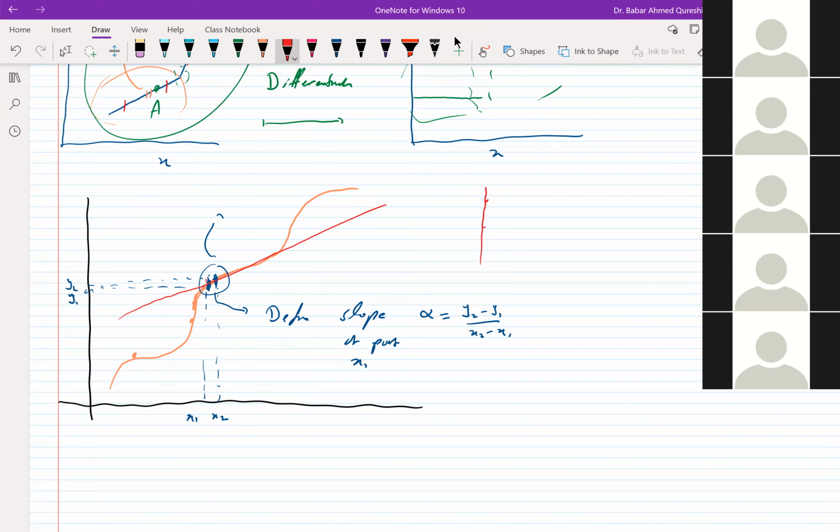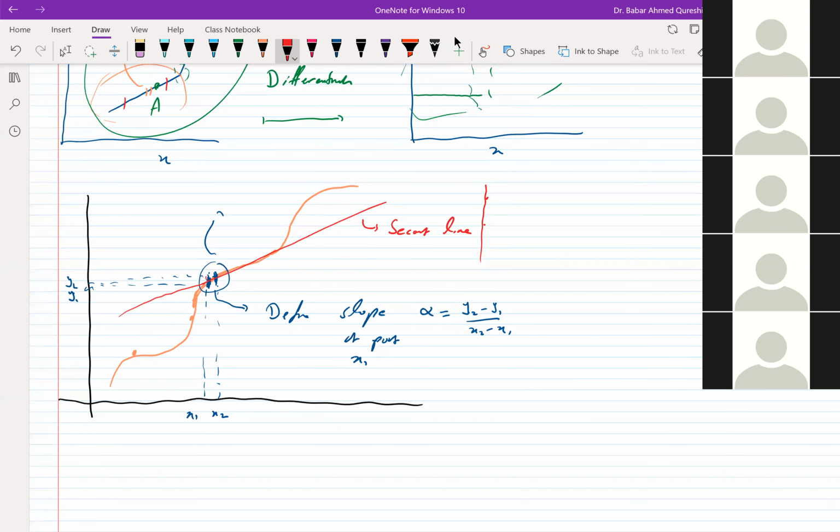And since these points are nearby, you expect this line in the region between these 2 points to coincide with the hill. That's the idea. This line, which you have drawn connecting these 2 points, approximates the hill. So this line is called a secant line.